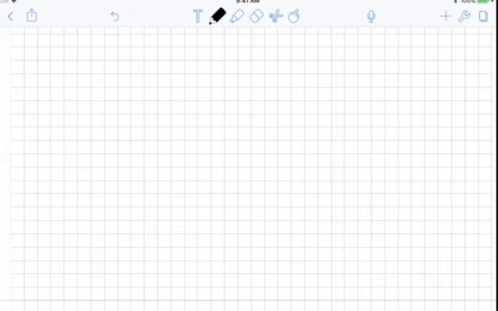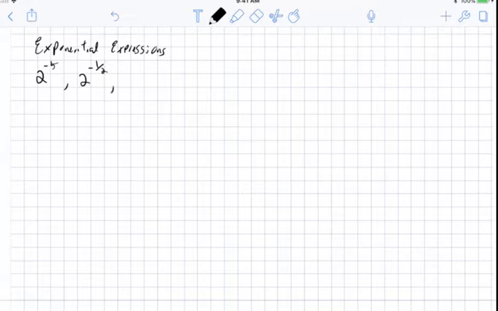So we've been talking about exponential expressions. An exponential expression is one that looks like this. 2 to the minus 5, or 2 to the minus 1/2. 2 to the 0, say 2 to the 1/4, 2 to the 1, 2 to the 2, 2 to the 4.